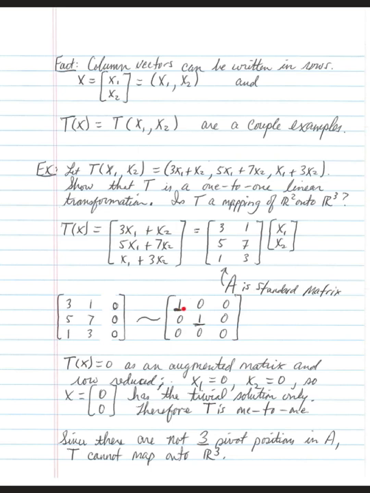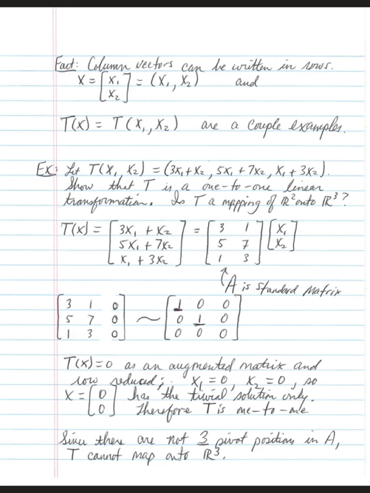We have a pivot in each column, because remember, there's only 2 columns to it, x1 and x2. x1 has a pivot, x2 has a pivot. x2 is equal to 0, x1 is also equal to 0. So X being 0, 0, that's the trivial solution.